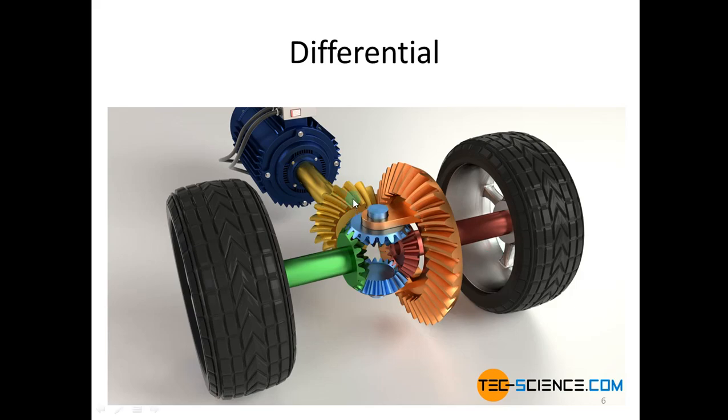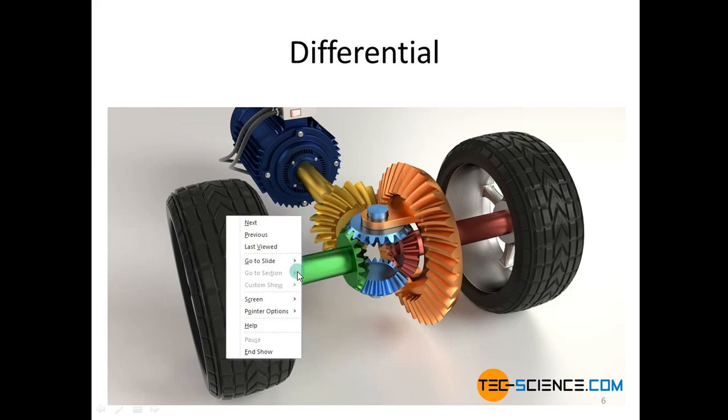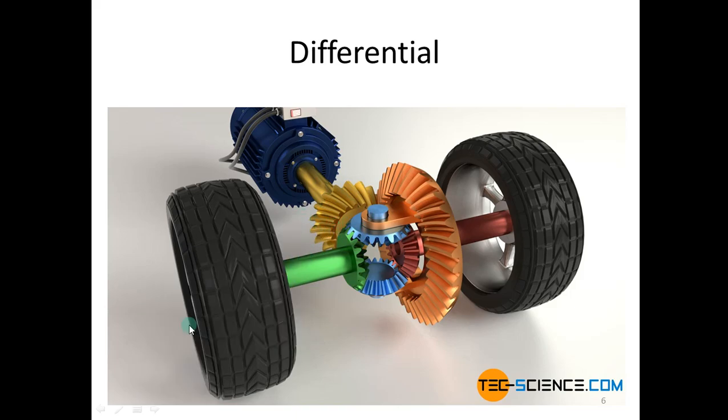Here what happens is, let's say this yellow gear rotates clockwise, from here to here, and the power is transferred to this gear, and this gear will rotate the other way, that means anti-clockwise.